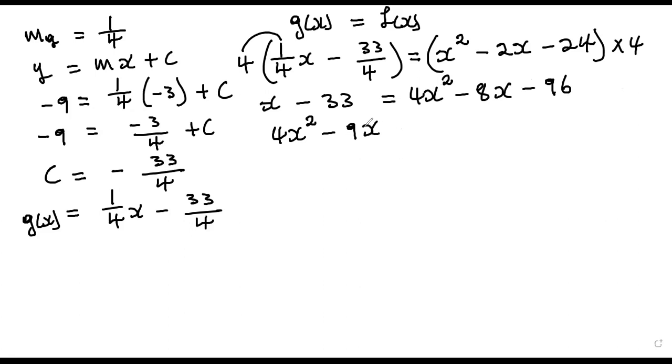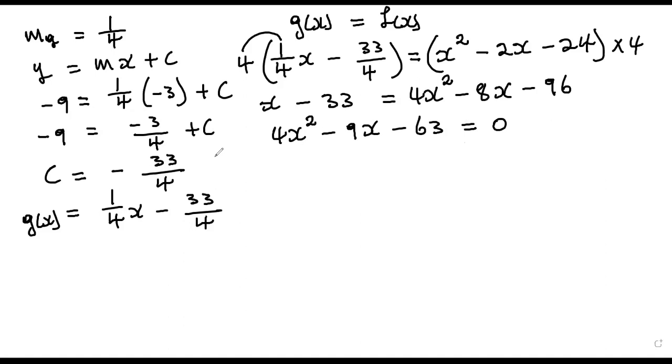Then you say -96 plus 33, it's going to be -63, like that. Now, from this point, it's going to be a little bit of a challenge if we must open two brackets when trying to factorize this. So we'll just go straight to the quadratic formula.